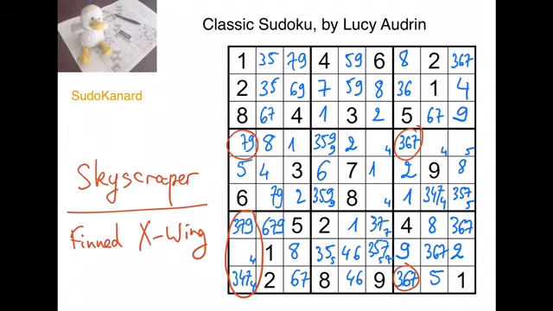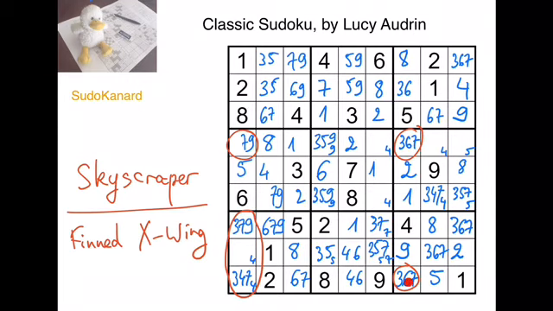And instead of just having this cell, which would be the case in a regular X-wing, you have several or maybe an offset position compared to this one. And what happens is that it's almost like an X-wing, meaning that if 7 is in here, then it's not here and it has to be there. And if 7 is not here, then it has to go there.